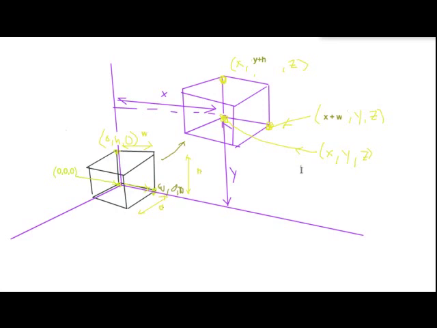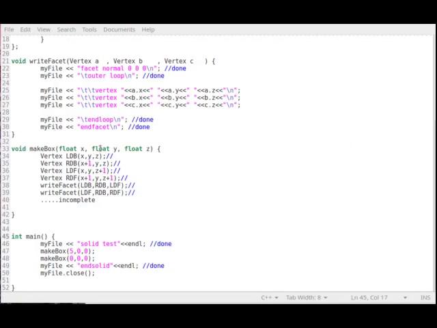Let's now jump to the code. What changes do we need to make? Well, we've got this make box function. It currently takes x, y, and z, and there the x, y, and z are referring to where the box is located, not how wide, tall, or deep it is. So we're going to need to take in 3 more variables for how wide it is, how tall it is, and how deep it is.